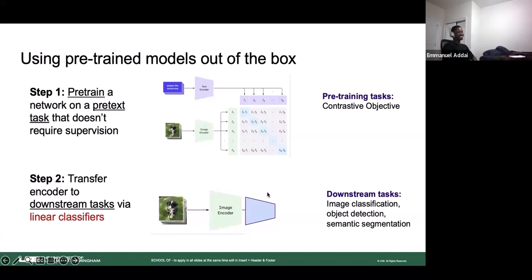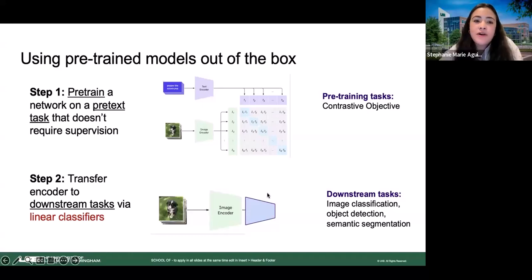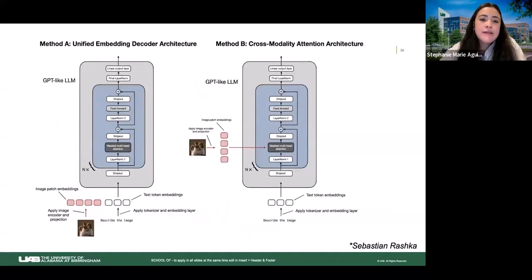But yeah, you've used a lot of CLIP in terms of you have to pre-train a network and do that. So if you really think about it, you would apply the image encoder just the same way that we did in terms of getting the matrix.